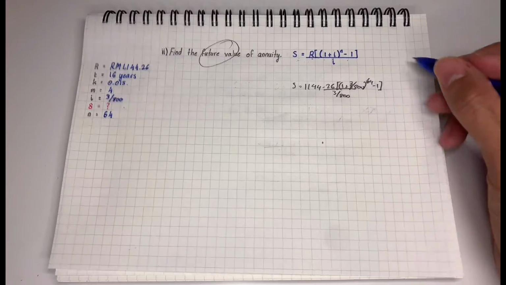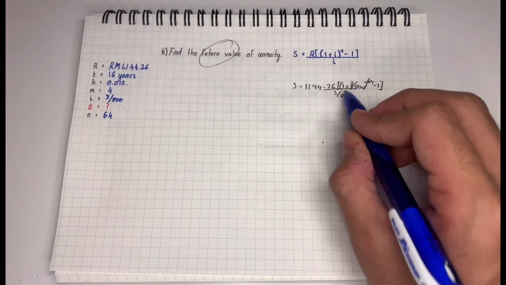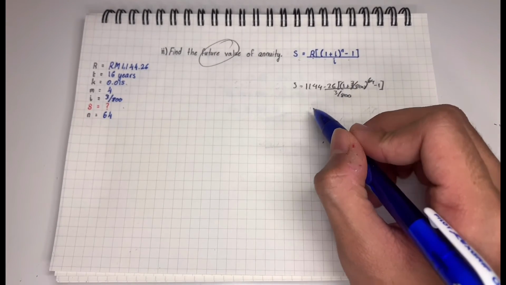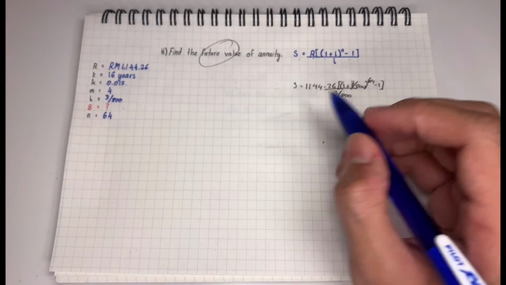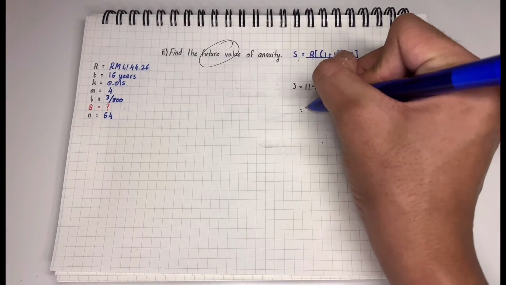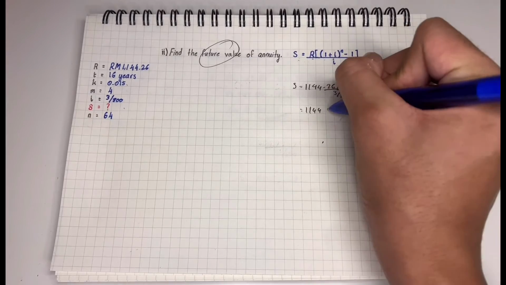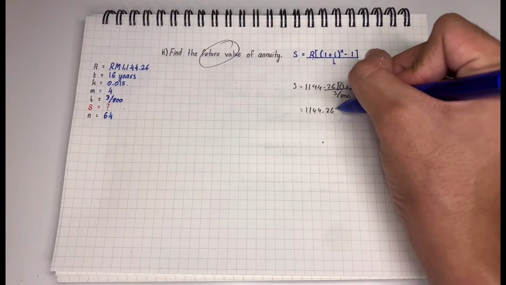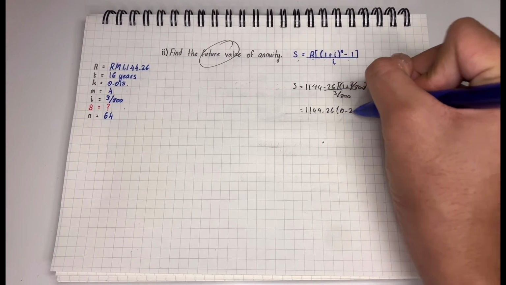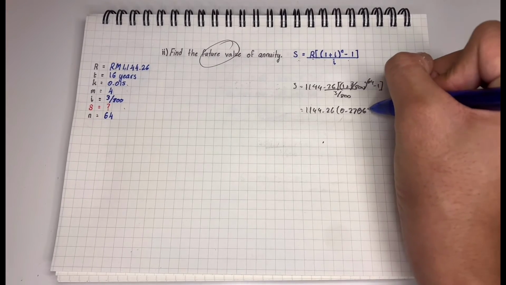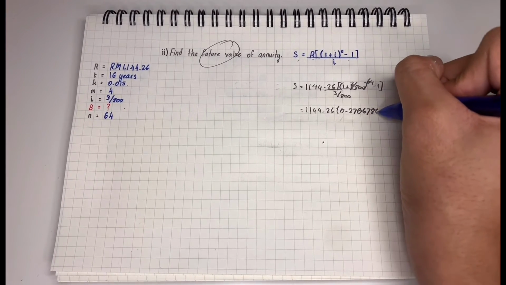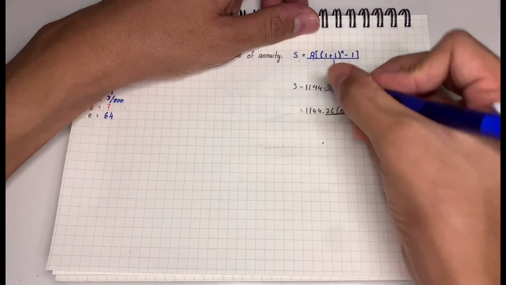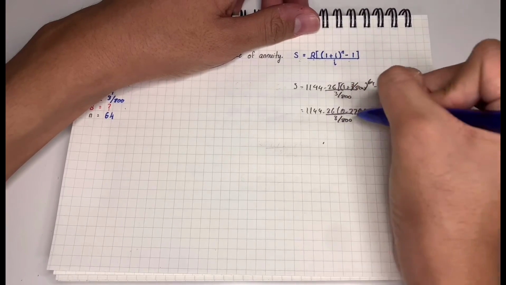Okay, after that you need to solve the formula from the bracket first, because the bracket is the most important component to solve first. So it will be 1144.26 cents and in the bracket the answer will be 0.270678642, and over I again with 3 over 800.